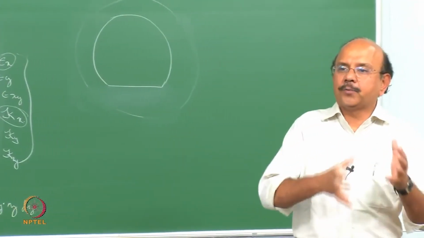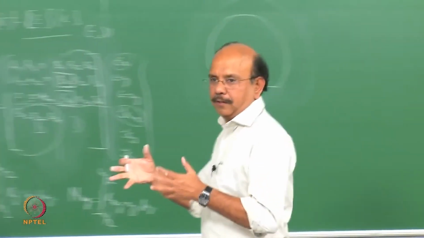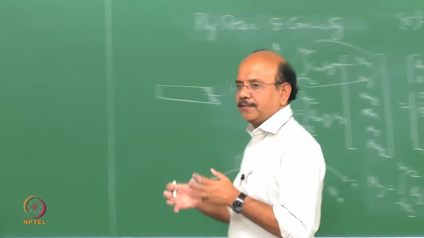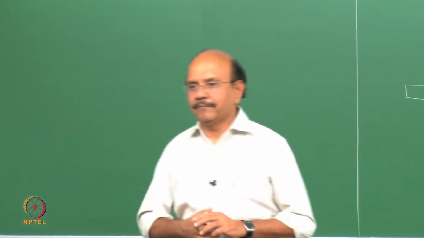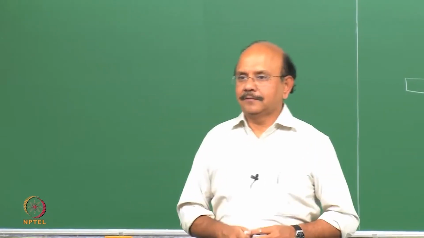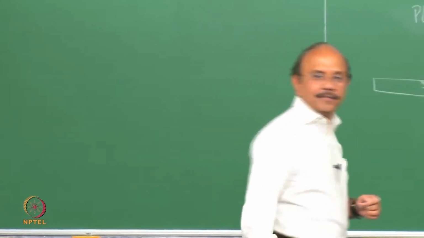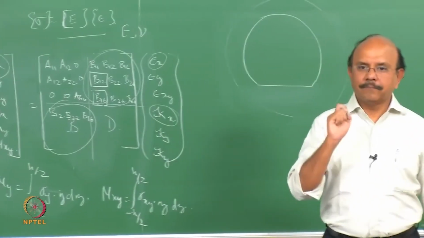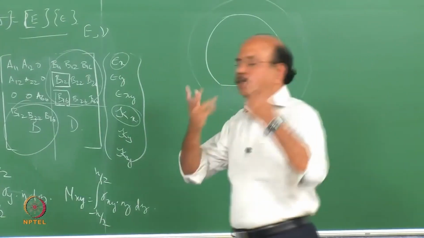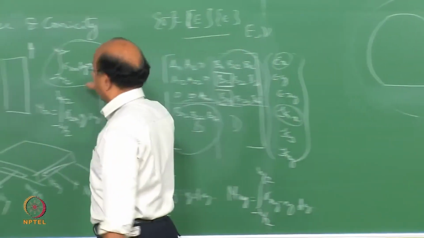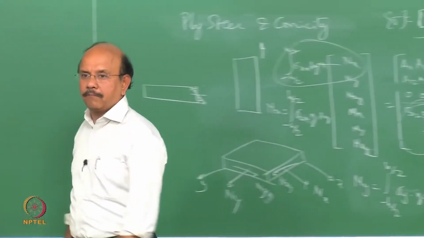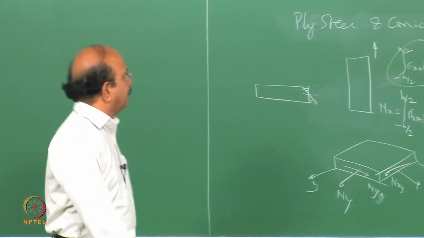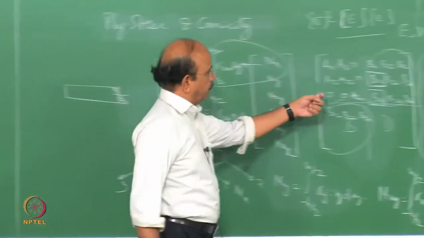So tau xy is equal to G into gamma xy. Go back to your earlier class on mechanics of materials. All right? So obviously, a shear term does not have any effect on the force term. Okay. Vice versa.